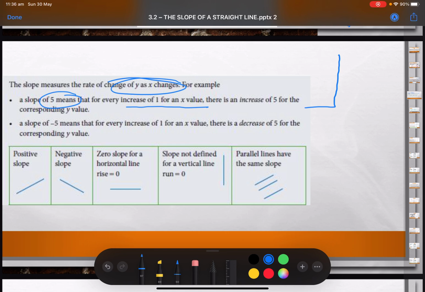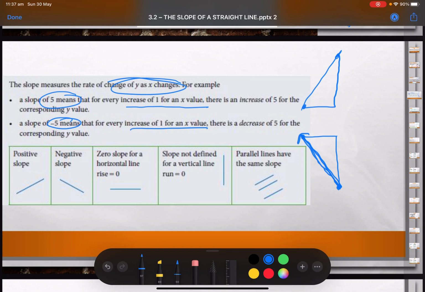That gives a positive gradient, because if I join those two points together, the angle I'm making is going in the positive direction. Whereas a slope of negative 5 means that for every increase of one in x, there is a decrease of 5. Decrease means going down, and if I show my two coordinates, the angle of my slope is pointing in that negative direction, so it's a negative gradient.